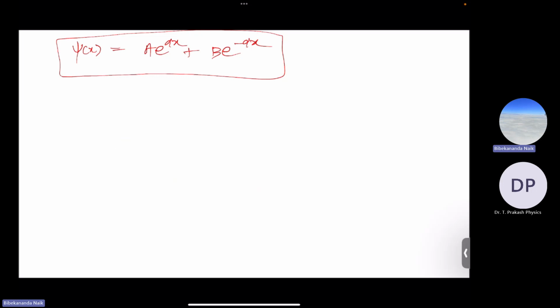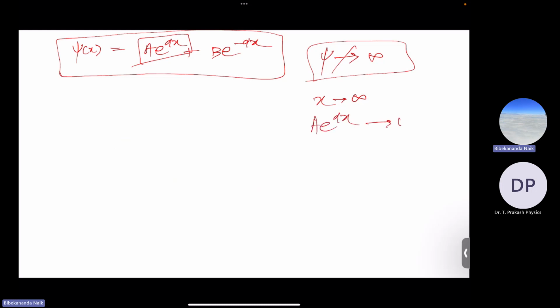Since we describe the system with the help of the wave function, there must be some parameters according to which it is decided whether the wave function is valid or not. For this, it is always said that the wave function can never be infinite. If you see here, at x equals infinity, A e to the power alpha x will go to infinity.